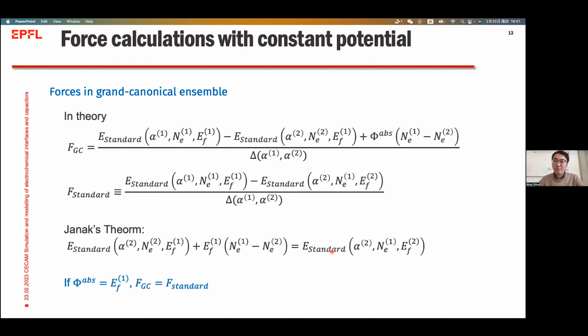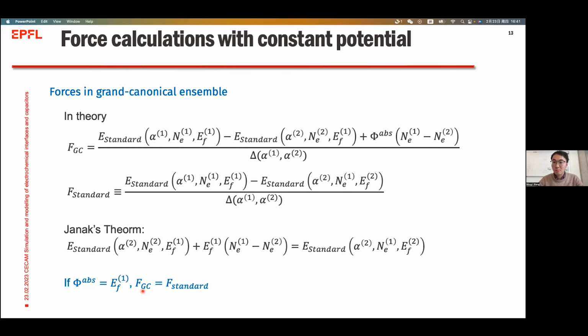This indicates that if we have our Fermi energy fixed to the position where the absolute potential is, we will have the grand canonical force equal to the standard DFT calculation force.